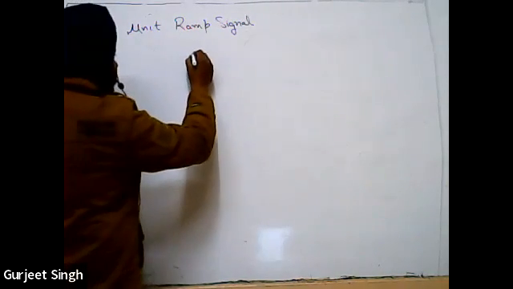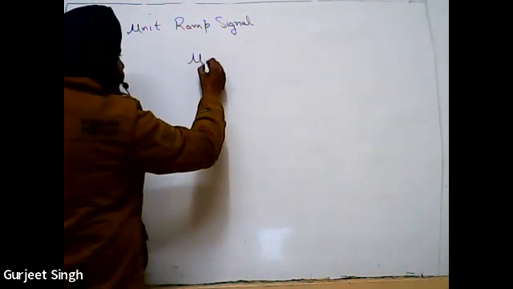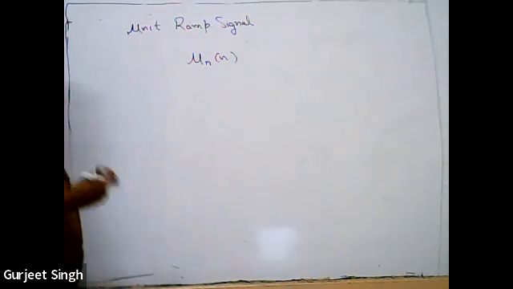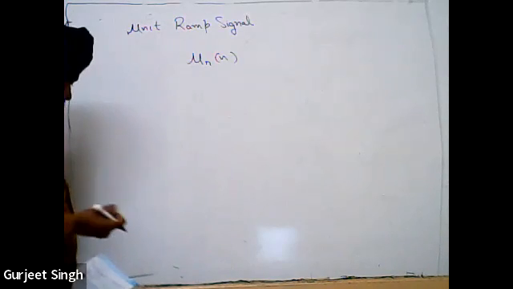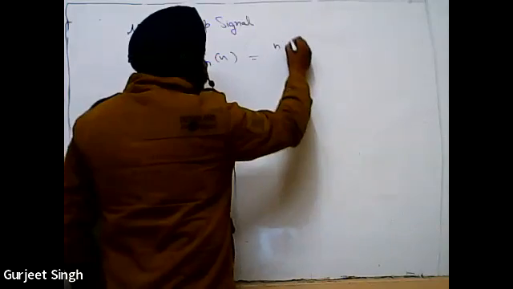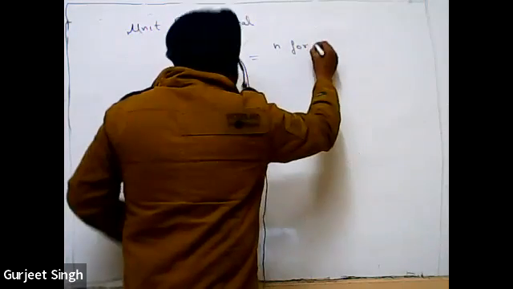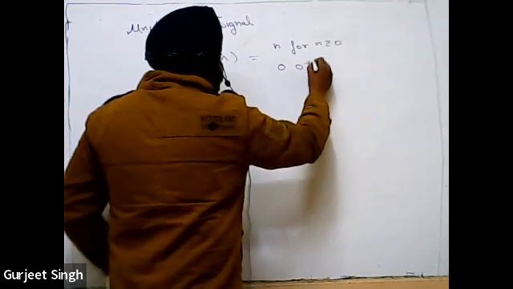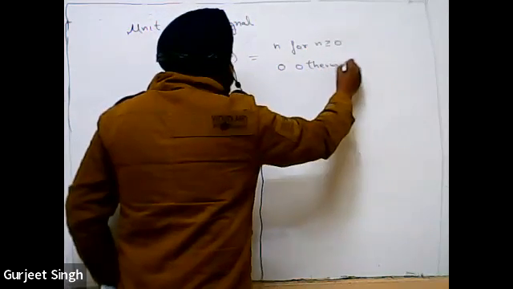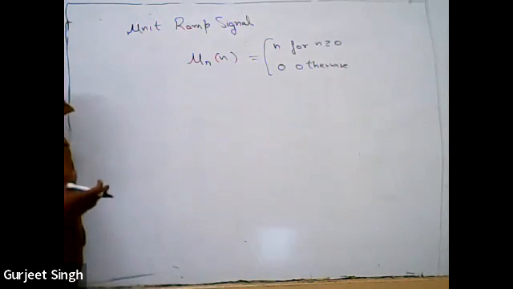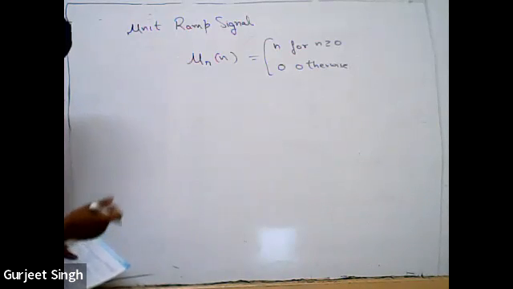This unit ramp signal is denoted by U R, and R here represents the unit ramp signal. Its value is n for n greater than or equal to 0, or 0 otherwise. So this is U R(n). Its value is n for n greater than or equal to 0, or 0 otherwise.